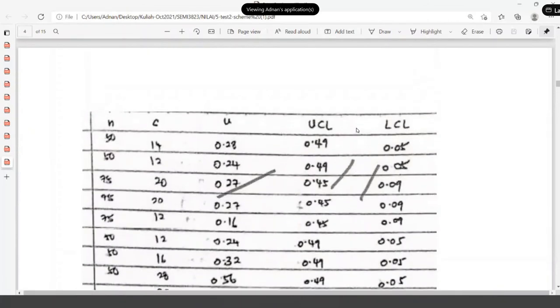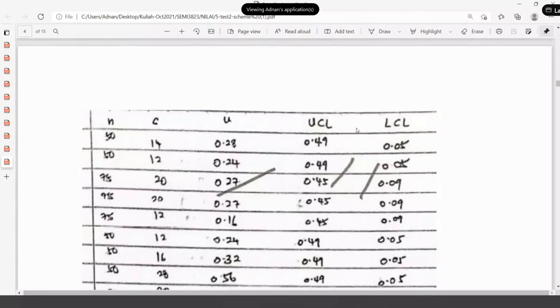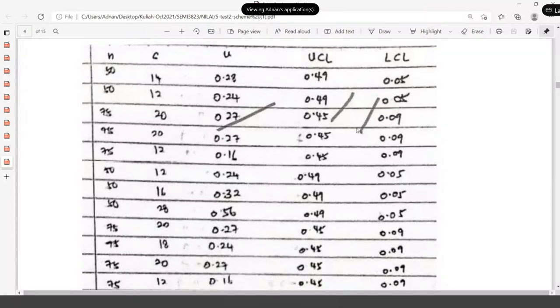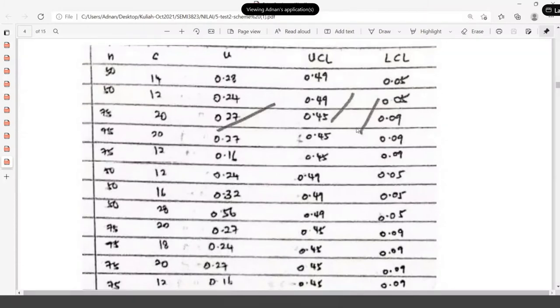If you see here, you have the upper control limit for N50.